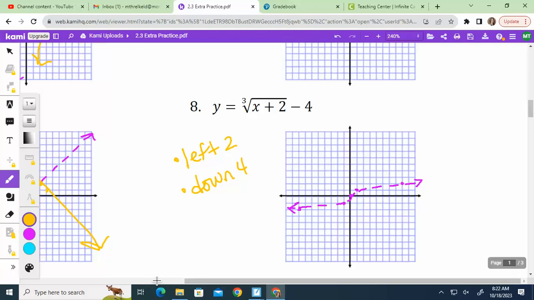So each one left and right. Are we okay with all of this?